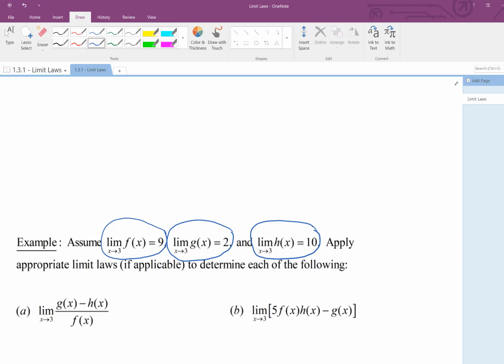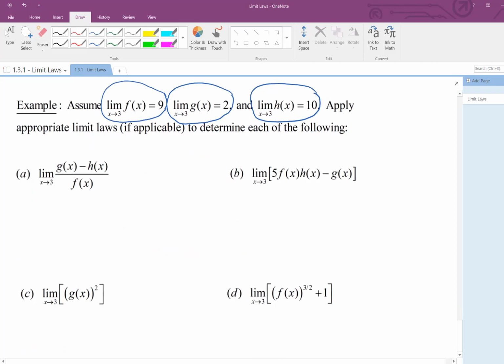And that's real important, right? Because all the limit laws are based, at least in part, on the limits existing to begin with individually. And that's happening here. So given that, we're going to apply our appropriate limit laws when applicable to find some limits.